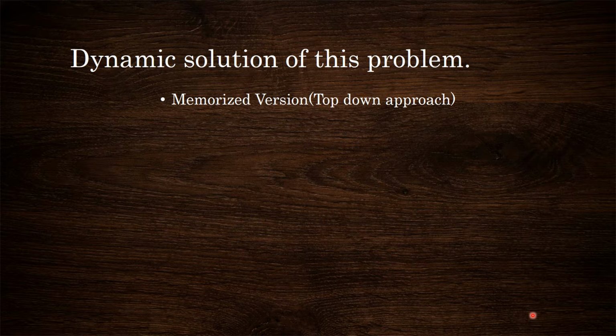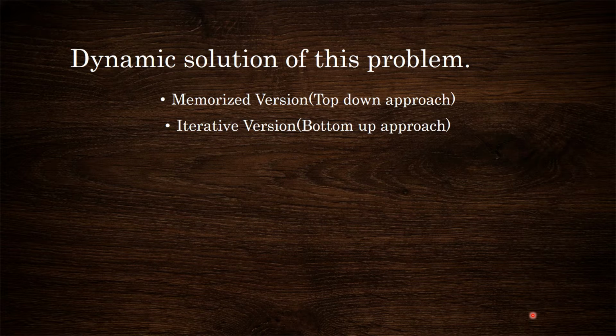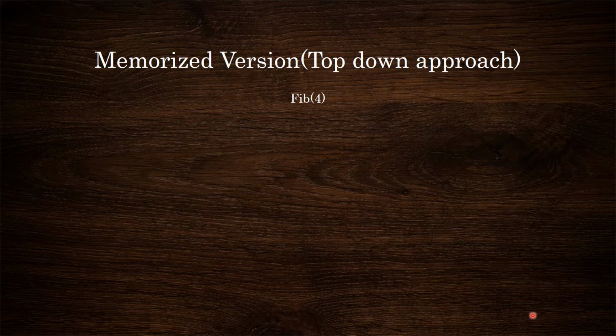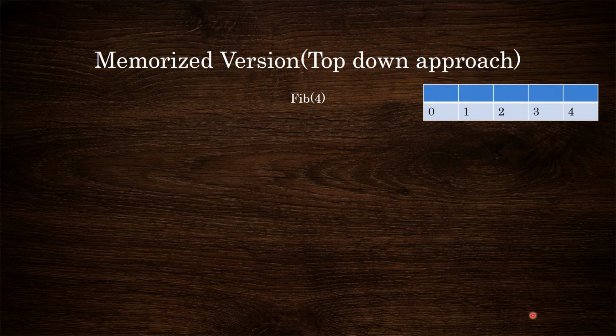To improve this scenario, the dynamic approach comes to the rescue. There are two versions of dynamic solutions, the memoized version and the iterative version. First, let me explain the memoized version. For example, if we want to calculate Fibonacci of 4, let's take an array from 0 to 4. Initially we will make all the values minus 1.